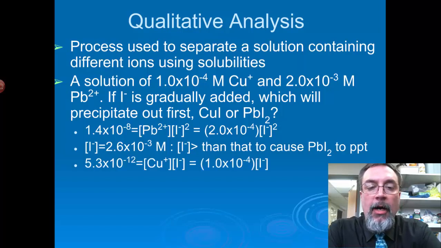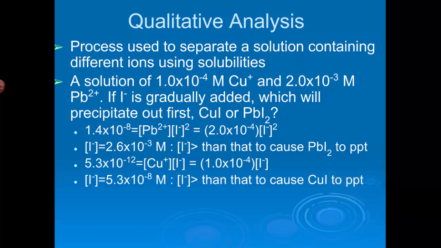Okay. For copper iodide, we do the same thing. The KSP for copper iodide is 5.3 times 10 to the minus 12th. Cu plus times I minus concentration. We already know the Cu plus concentration from the problem. So we calculate the I minus concentration is 5.3 times 10 to the minus 8th molar. So any greater than 5.3 times 10 to the minus 8th molar will start to precipitate CuI.